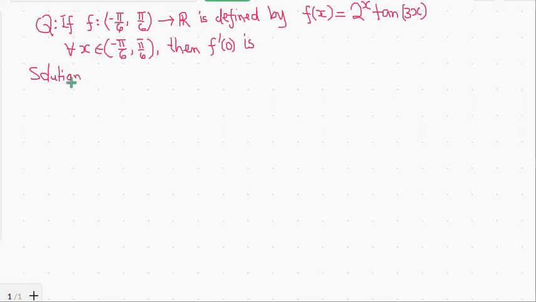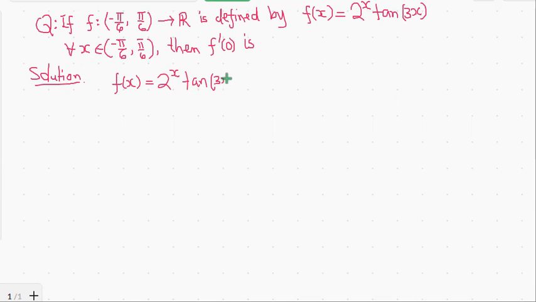All right. So now, let's recall the function again. The function defined from this given domain, negative pi over 6 to pi over 6, an open interval. So f of x is equal to 2 to the power of x times tan 3x.